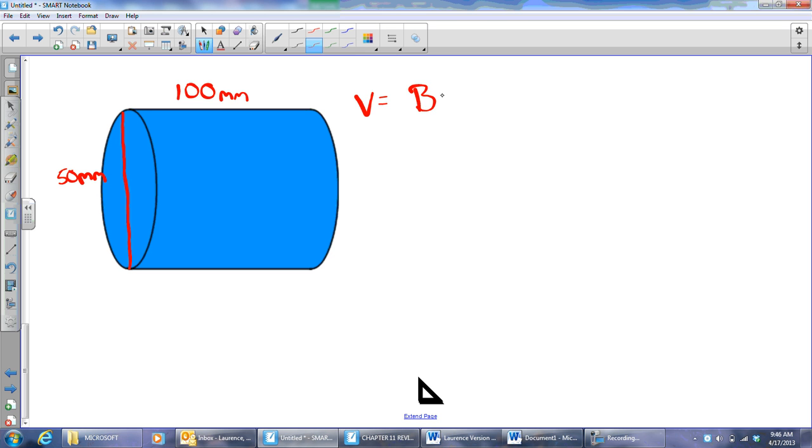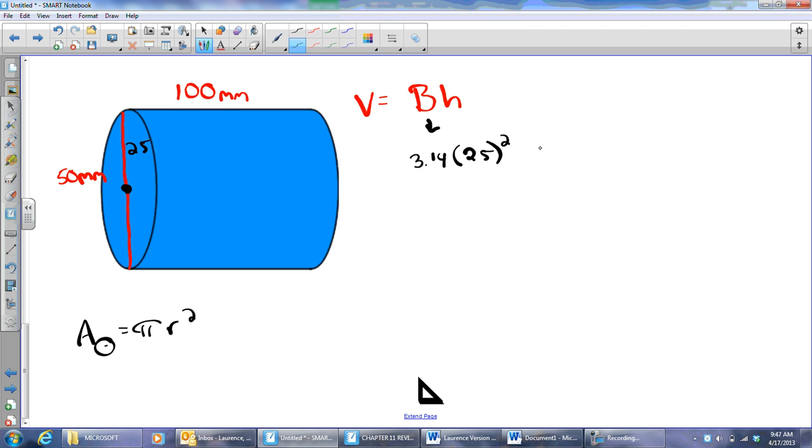The volume is going to be the area of the base multiplied by how tall. Well, the base is a circle, and to find the area of a circle, I need to use pi r squared. Just remember what shape pi r squared. Okay, but I need the radius, and this one didn't give me the radius, it gave me the diameter. The diameter is 50, so the radius would only be 25. So for the area of the base, I'm going to use 3.14 for pi, and then I'm going to put 25 squared in there.